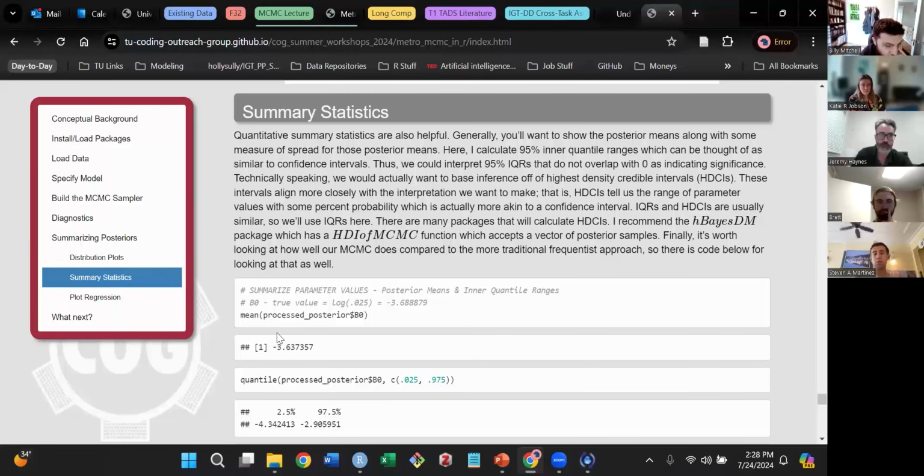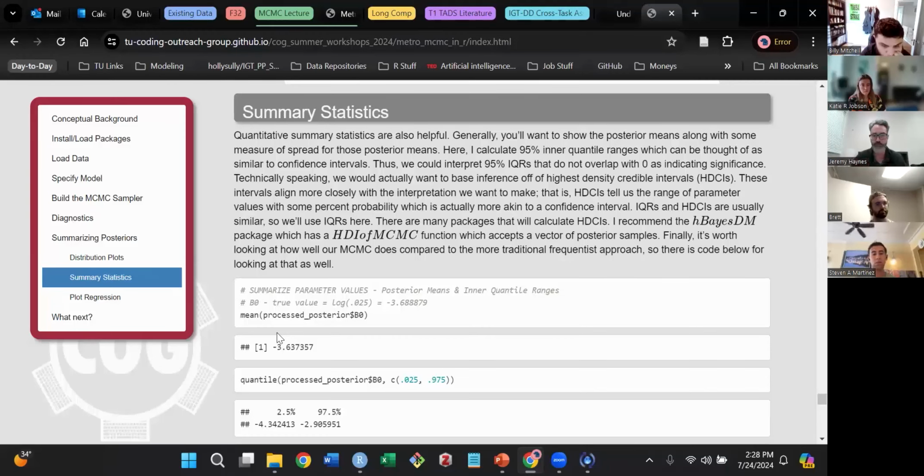And then, of course, you want to figure out, is it significant, how meaningful is it. Here, I did that with interquantile intervals, 95% interquantile intervals. These are just the boundaries for the inner 95% of that posterior distribution. This is technically not what you want to base your inferences off of.